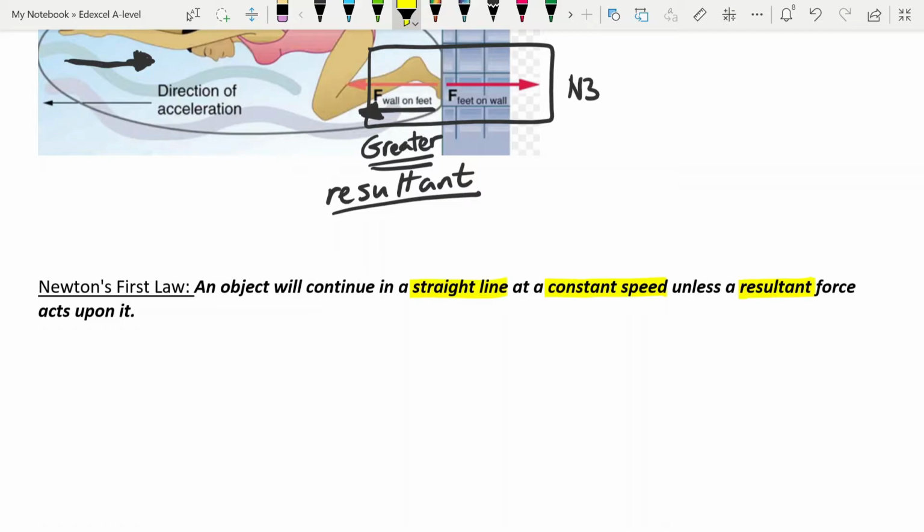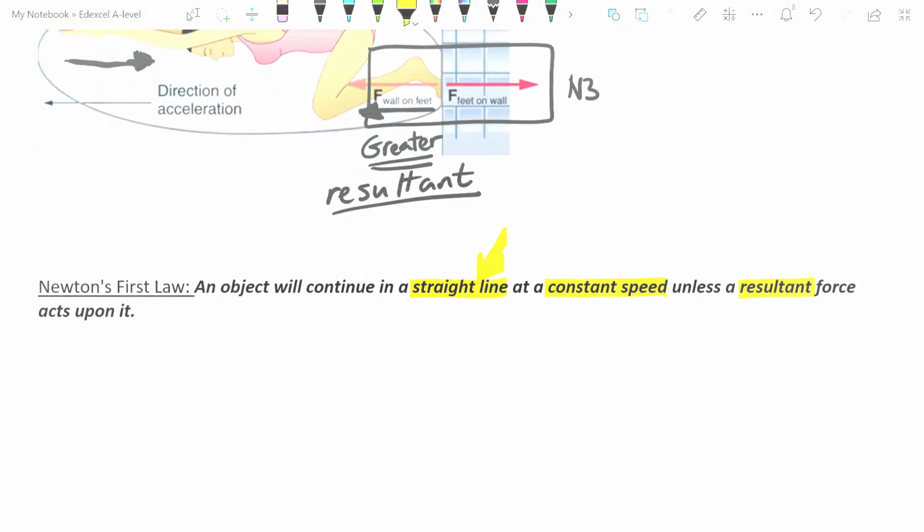So if it's already moving 5 meters per second, it will continue to move at 5 meters per second. That could mean that the object, if it does have a resultant force, is going to change its direction. Its speed might not change, but its direction might. So there are lots of conditions that if you pick apart Newton's first law, you start to see it is a much deeper thing than it looks at first.